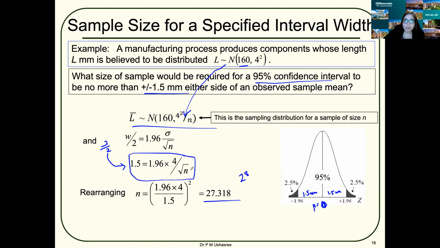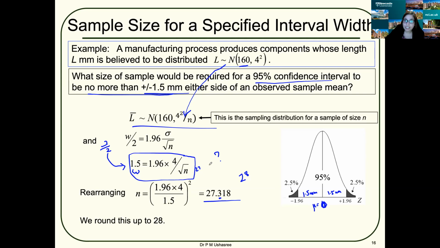If you make this value 27, because it is 0.3, what will happen to the width? The width will increase, and you don't want that. It says no more than 1.5 mm, and therefore you have to round it up to 28.